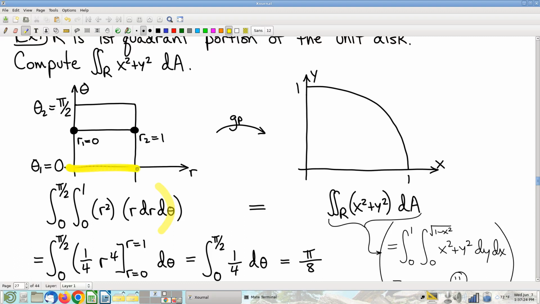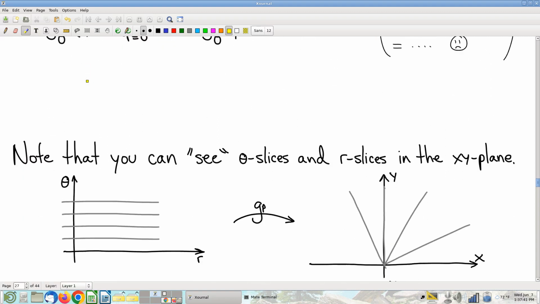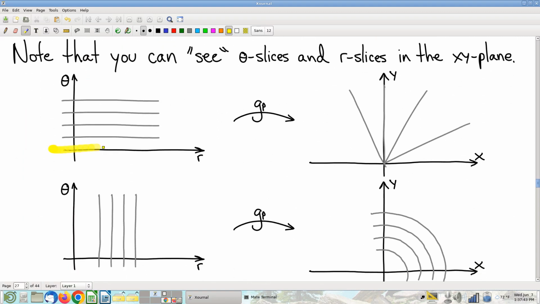So I was slicing perpendicular to the theta axis, and these are theta slices. They are, as they should be, perpendicular to the theta axis. And that's what theta slices look like in the r theta plane. So I'm just going to make the modest observation that these theta slices in the r theta plane, I can totally see what they look like right here in the xy plane. Each one represents a constant value of theta.